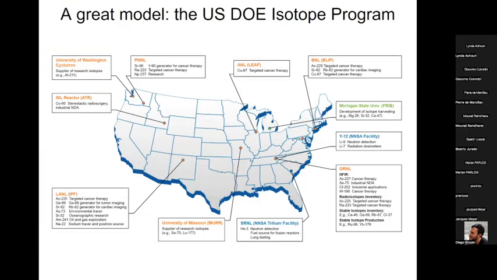Now, let's come to the conclusion: how we can help to make new and interesting isotopes more easily available. Actually, this model is already in place in the US, that is the DOE isotope program.